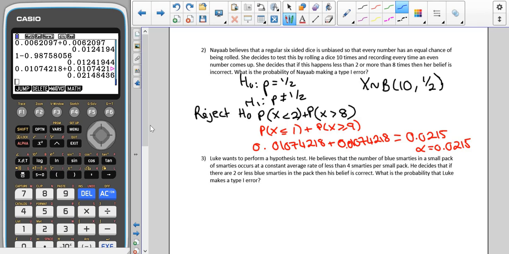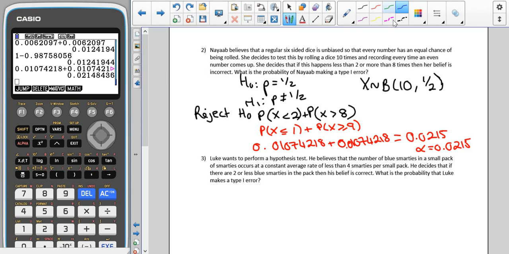Remember that this time, when we're entering this into our calculator, for this one here, our lowest is 0 and our biggest is 1. And for this one, our lowest is 9 and our biggest is 10 because we only have 10 trials. And then we can add those two together and that gives us our alpha.